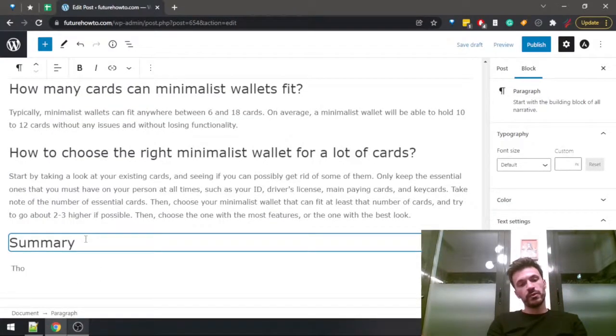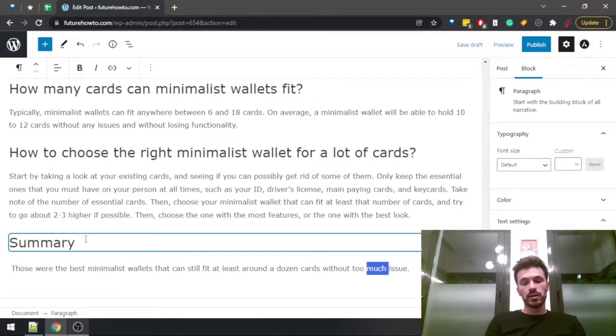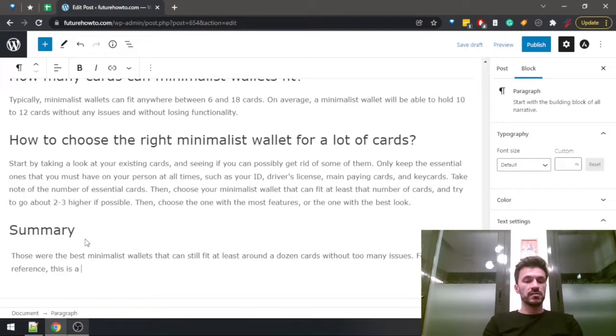So those were the best minimalist wallets that can still fit at least around a dozen cards without too many issues. For quick reference, this is a table summarizing all of the picks one more time.